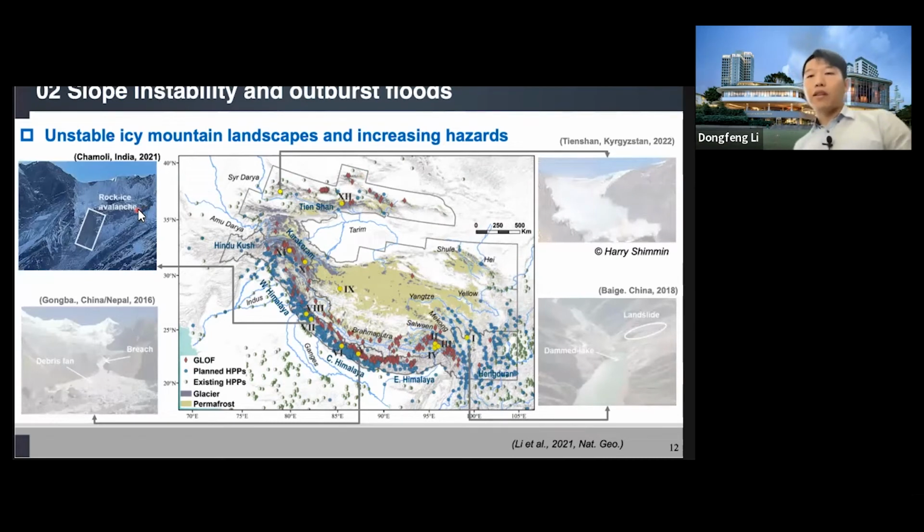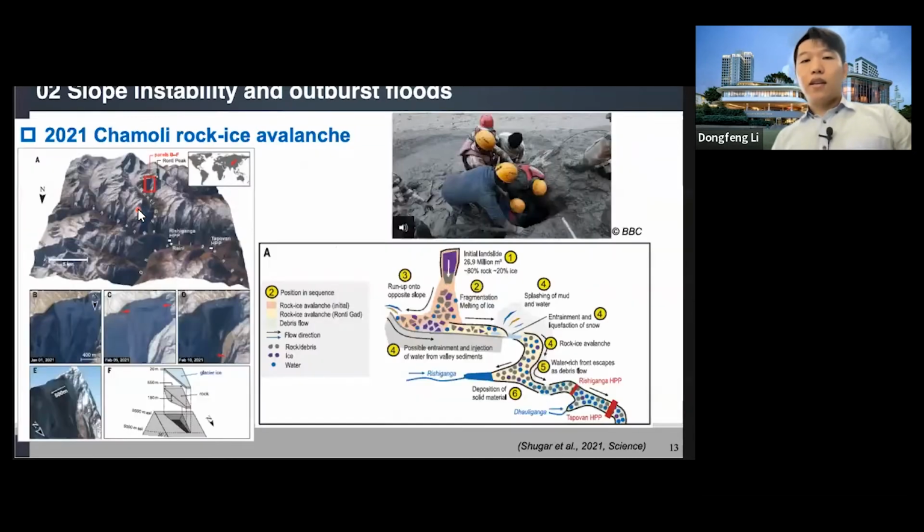Many of you may have heard of this one, the Chamoli rock ice avalanche in February of 2021. A huge chunk of rock and ice, roughly 27 million cubic meters of material, fell down over 2,000 meters into this glacial valley.